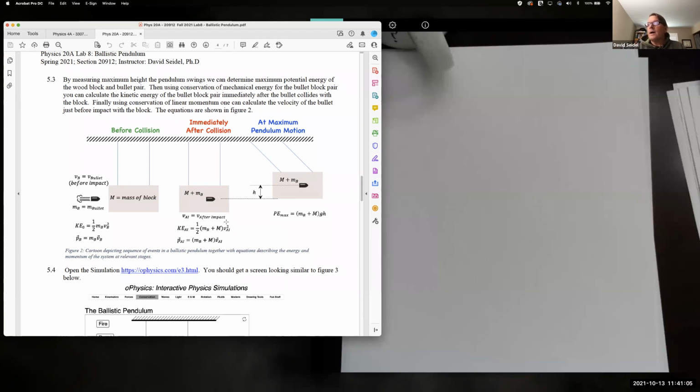So we can get the velocity after impact squared. Hence, we can get the velocity after impact.